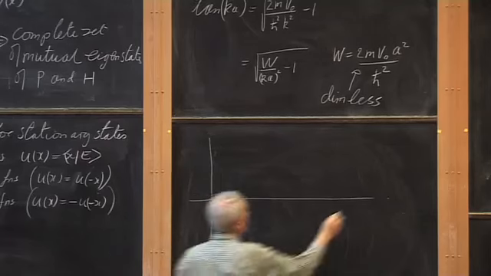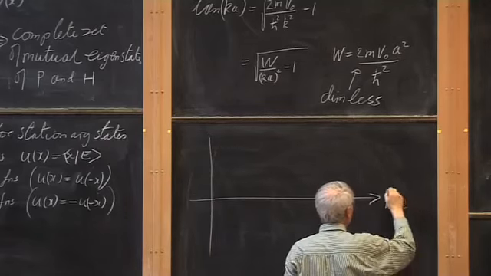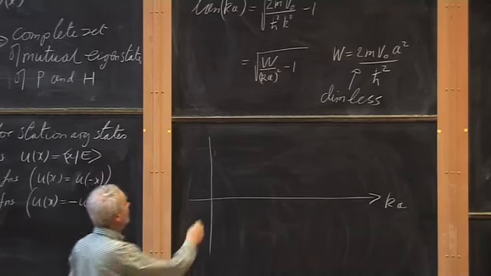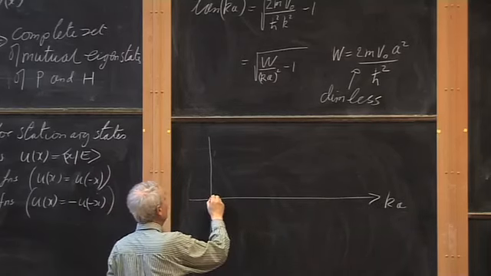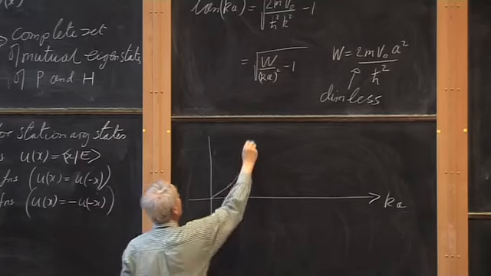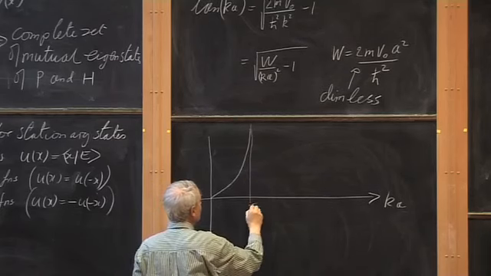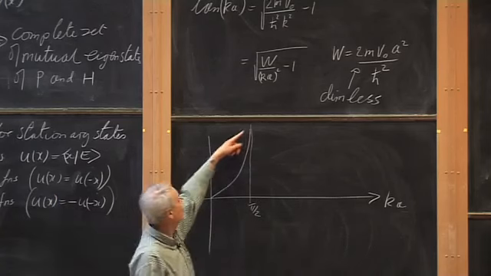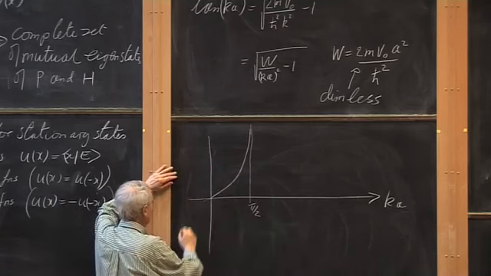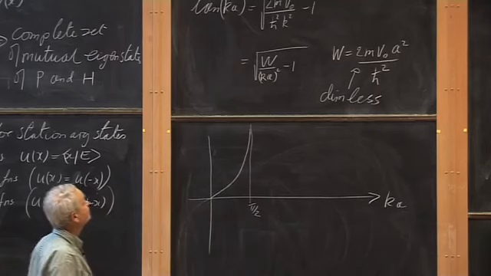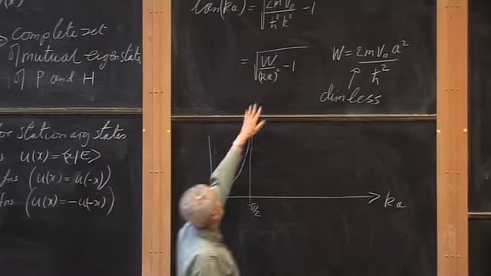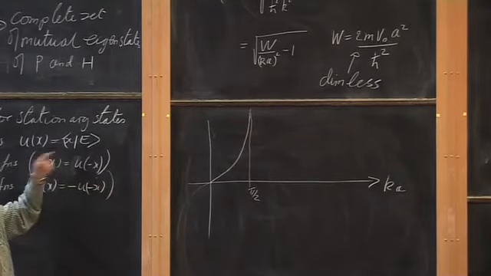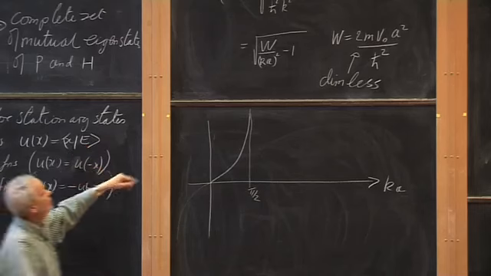So if this is a plot, with Ka being plotted this way, then if I plot tan Ka, it starts off at 0 and rises like this, and when Ka becomes equal to pi over 2, it zooms off to infinity. That's what tangents do, and down here it goes symmetrically. What does this other thing do? When Ka is nothing, that thing is obviously infinity because it becomes w over nothing, square rooted.